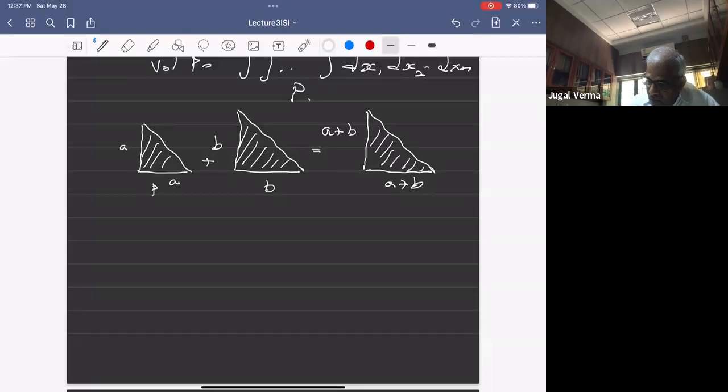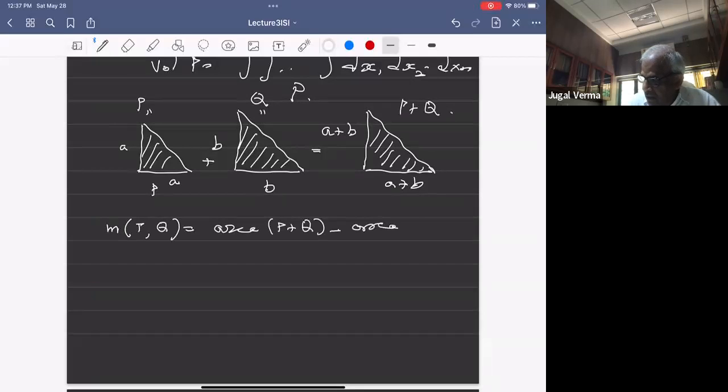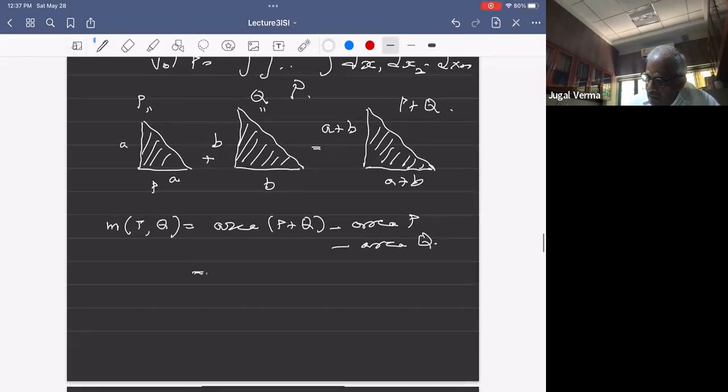So what is the mixed area? Suppose this is my P and this is Q. This is P plus Q. The mixed area of P and Q is the area of P plus Q minus area of P minus area of Q. So the area of P plus Q is (A plus B) squared over 2 minus A squared over 2 minus B squared over 2.